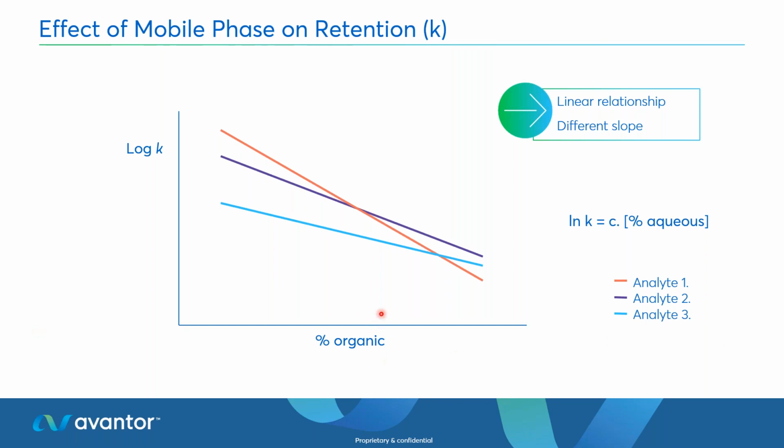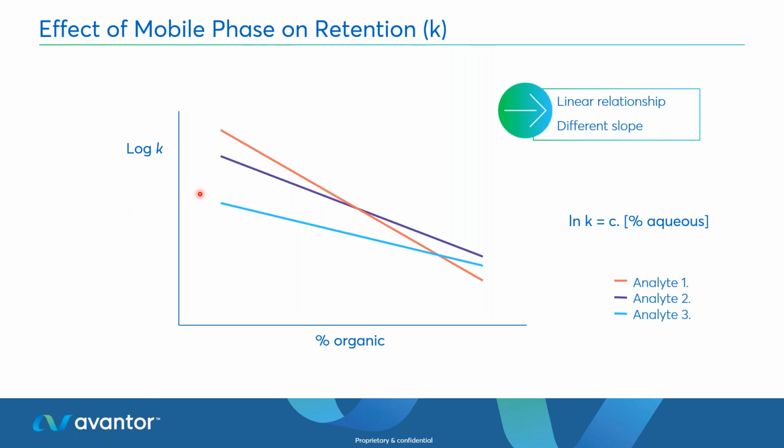So if we have a look at this graph, in our method we have three peaks, we have three analytes of interest, 1, 2 and 3, and they're all represented here in different colours. Along the x-axis we have percentage organic, and up the y-axis we have the log of the retention, log of k.